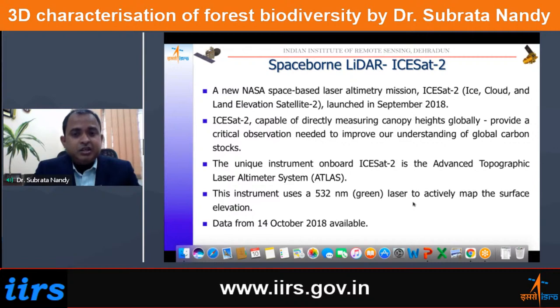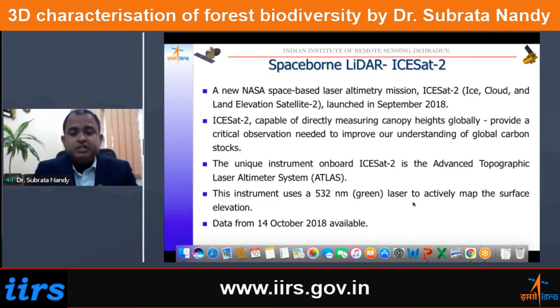This is of course a NASA spaceborne satellite, launched in September 2018, and it is capable of directly measuring canopy heights globally and providing critical observations needed to improve our understanding of the global carbon storage. Since it has global coverage, you can get these data sets over a larger area.